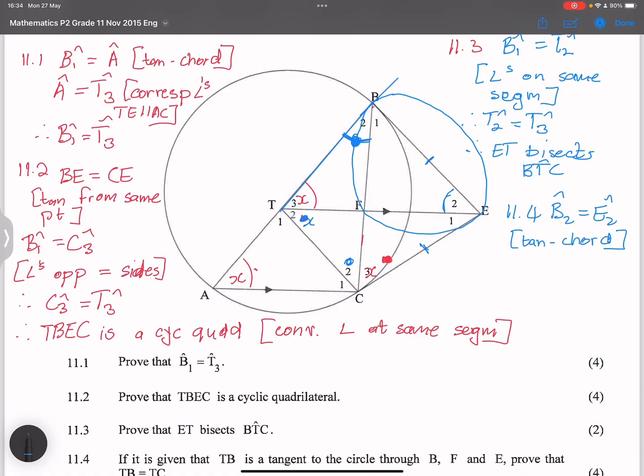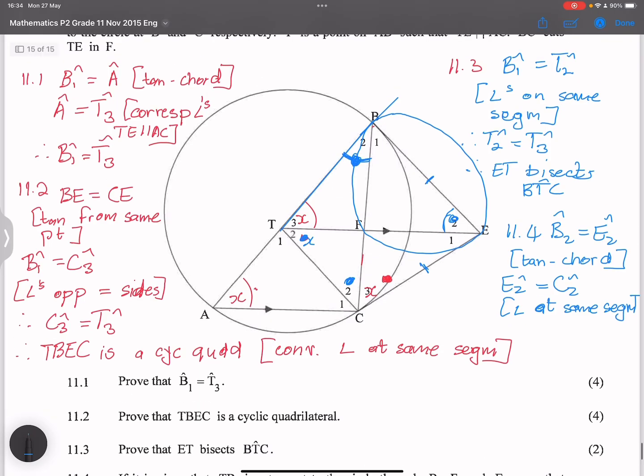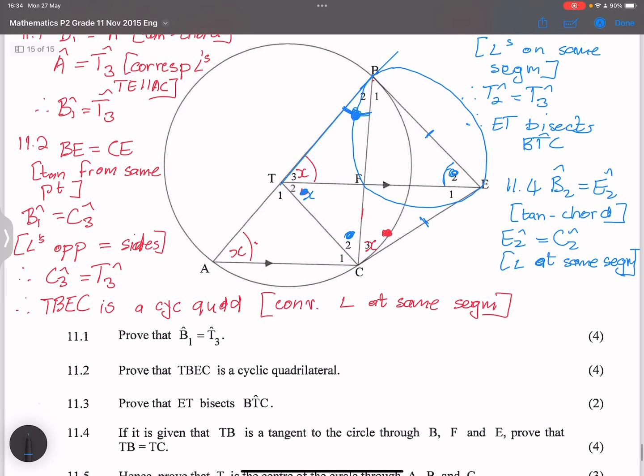But note that E2 would be equal to C2. These are angles at same segment. So now what does it mean? It means that B2 is equal to C2.